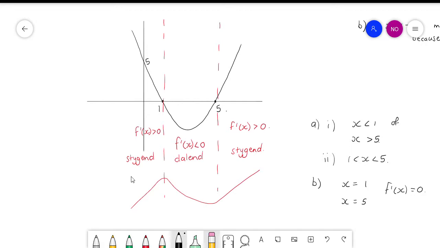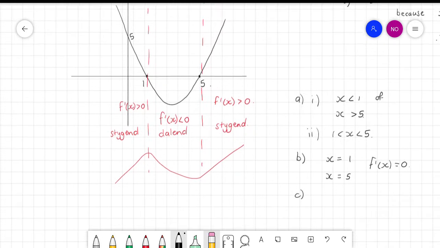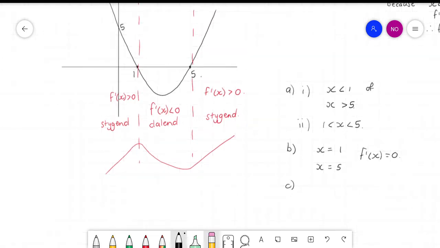En as jy die vorm het, dan weet jy die lokale maksimum gaan wees by x gelyk aan 1 en die lokale minimum gaan wees by x gelyk aan 5. Okay. Goed.